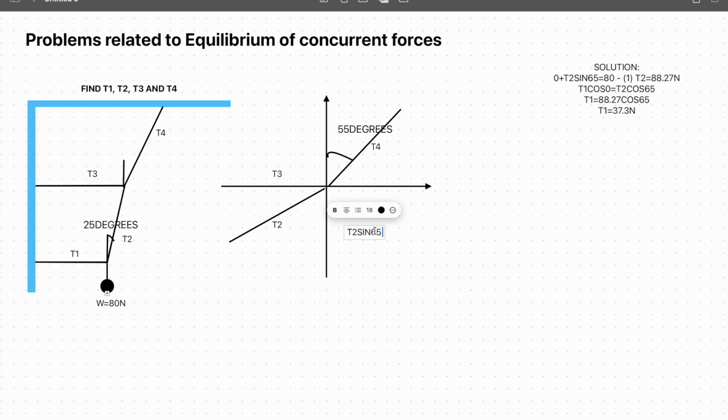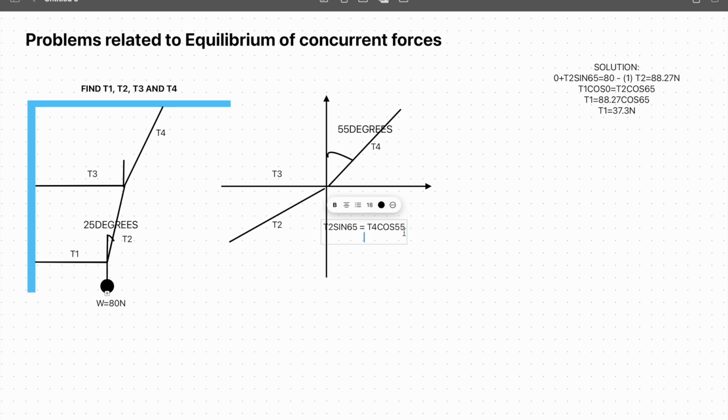Now we need T4 at y. The component of T4 at y is T4 sine, or we can say cosine of 55, cosine of 55. Both are equal.